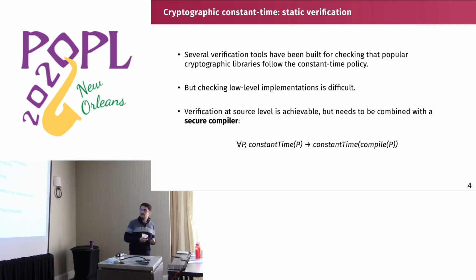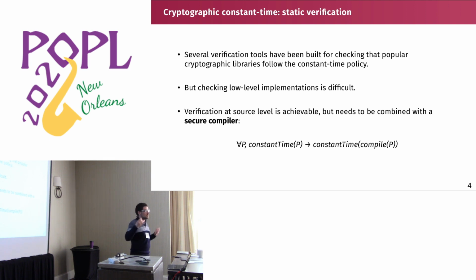About static verification of this property, there have been several tools built in order to verify that especially cryptographic libraries follow this constraint in this programming policy. But it turns out that checking that low-level implementations actually comply to this policy has shown to be very difficult.